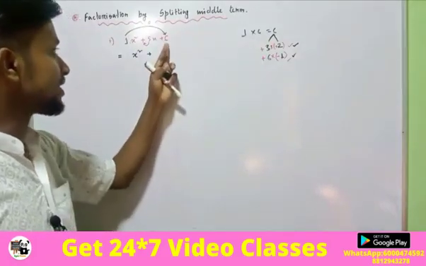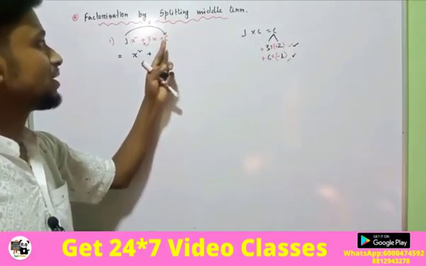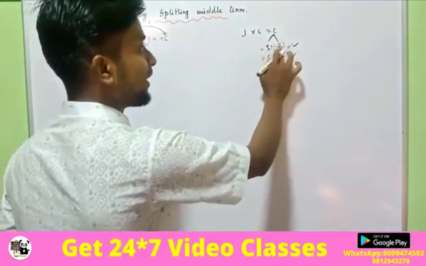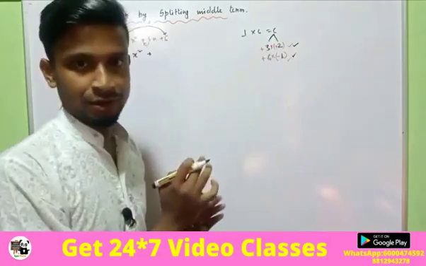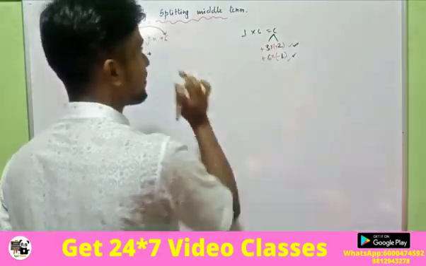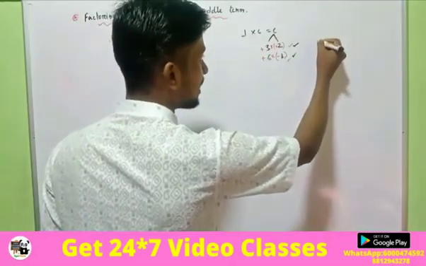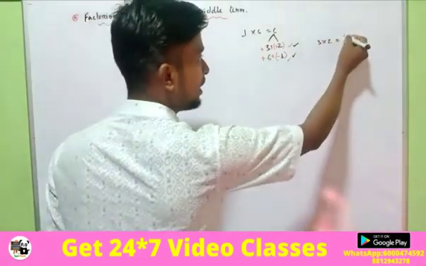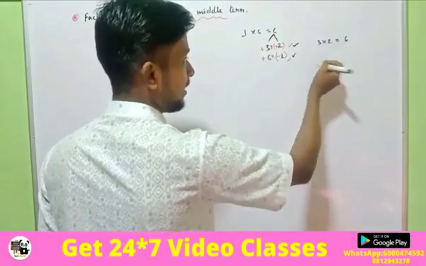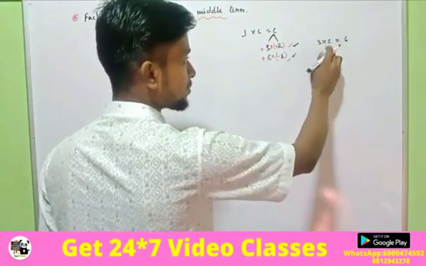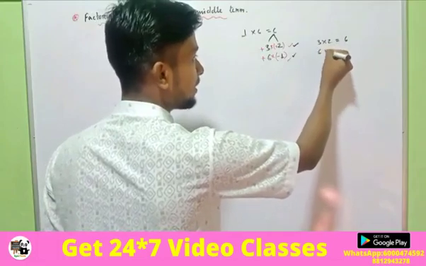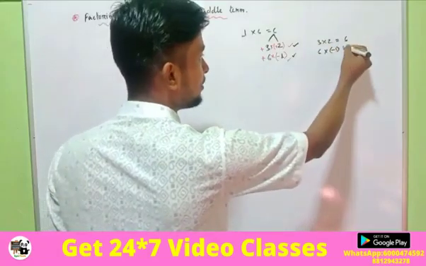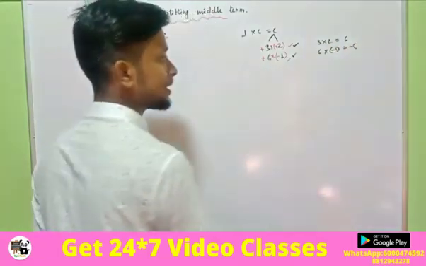Now check this one, 6. It is plus 6. The multiplication of the factors that we choose has to be plus 6. If we multiply 2 into 3, it will be 6. That means plus 3 and plus 2. But if we multiply 6 and minus 1, then it will become minus 6, right?